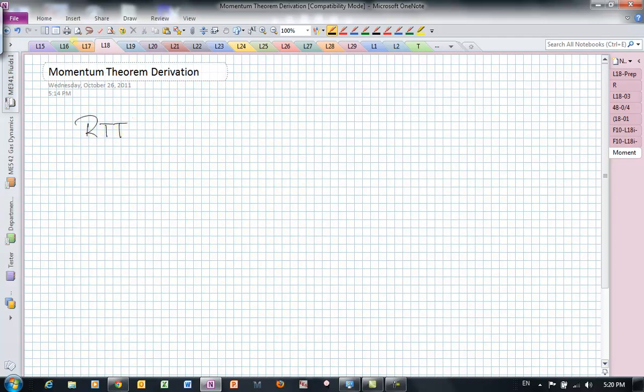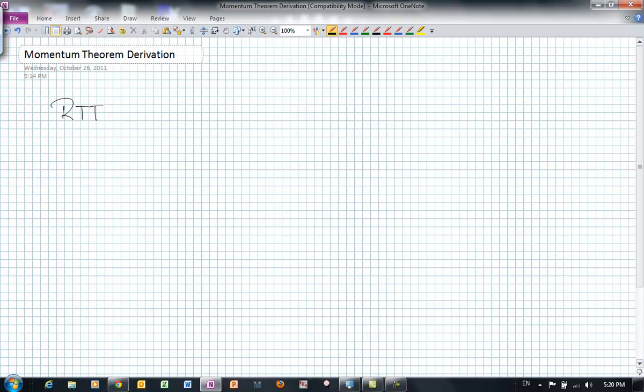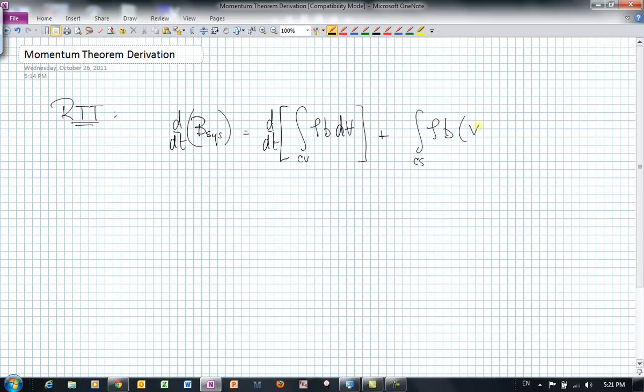In general form, the Reynolds transport theorem tells us that d/dt of some extensive system property B is equal to d/dt of the same extensive property of the control volume, which can be calculated by integrating the intensive property little b times rho times dV over the entire volume, plus the flux of B through the surface of the control volume.